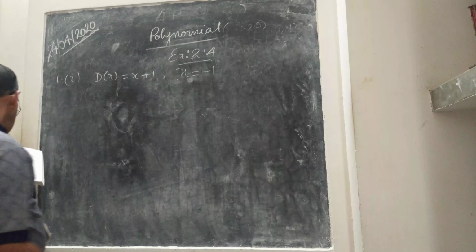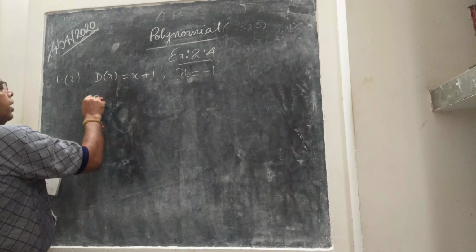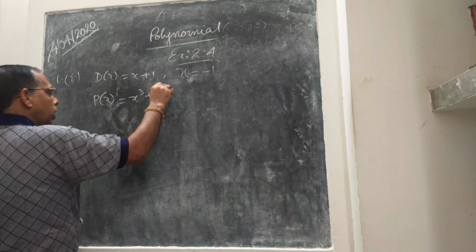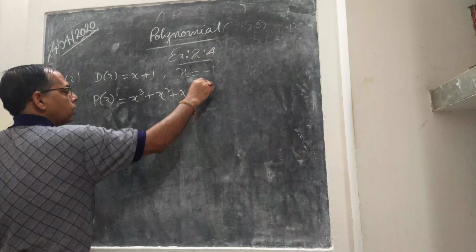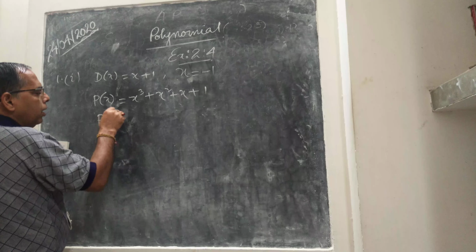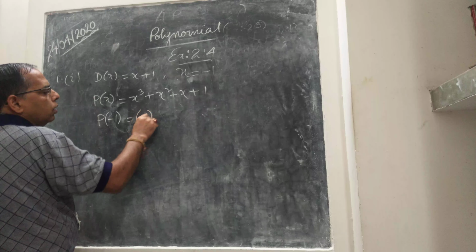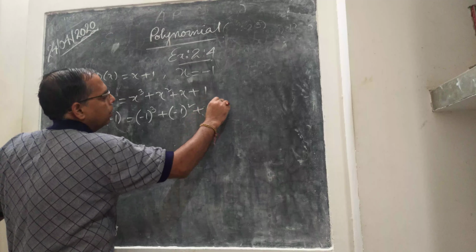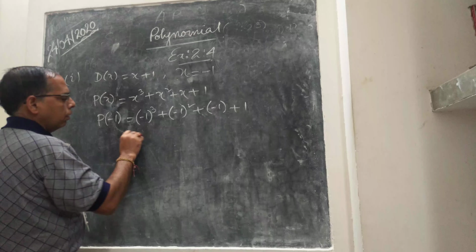Okay. Then let's see, px equal to x cube plus x squared plus x plus 1. Then p of minus 1 is minus 1 cube plus minus 1 square plus minus 1 plus 1. Then what is that?